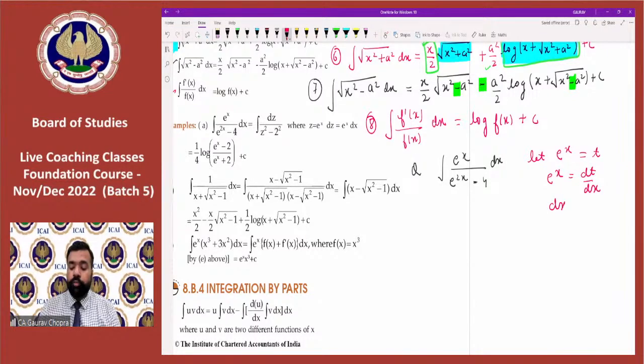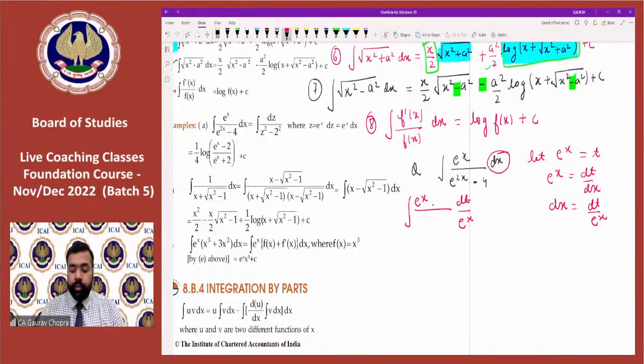So in place of dx, we can write dt upon e to the power of x. All right. Now here we can write integration. In place of dx, we are writing dt by e to the power of x. So dt upon e to the power of x.